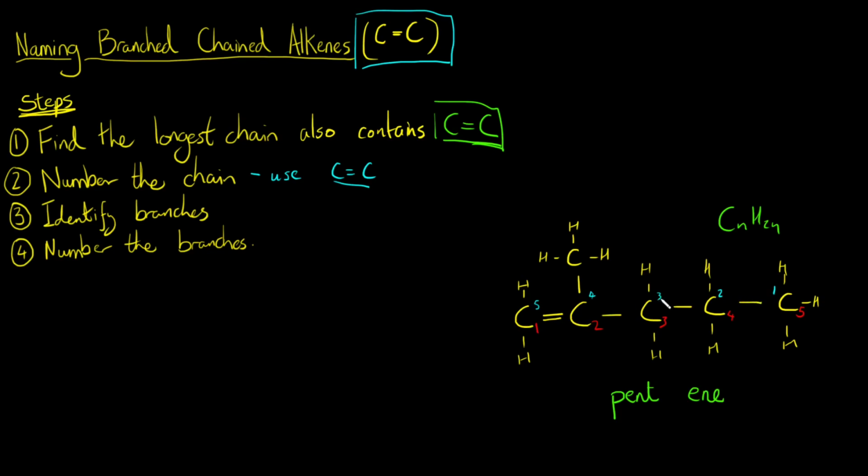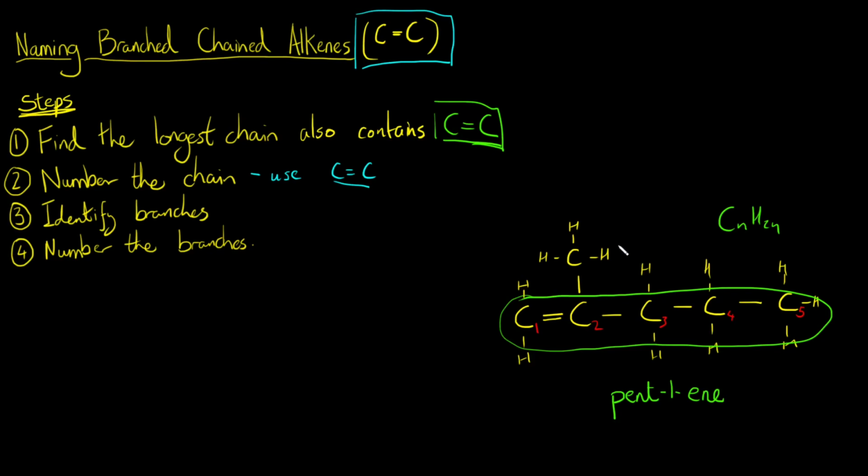Whereas if we went from right to left using the blue numbers, it would be on carbon number 4. So we're going to use the red numbers in this example. That means then that we are looking at pent-1-ene. Ene because it's got the carbon to carbon double bond, 1 because it's starting at carbon number 1. So we have now successfully named this longest chain.